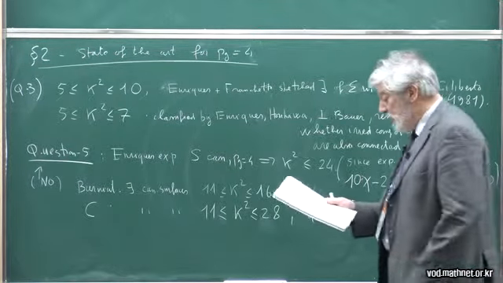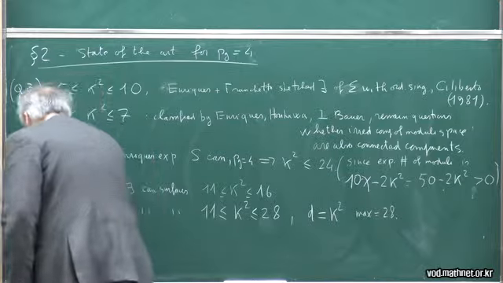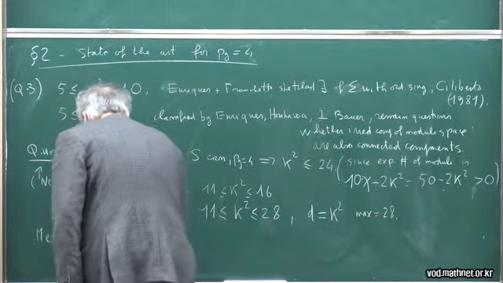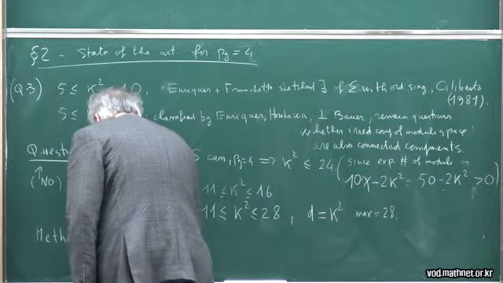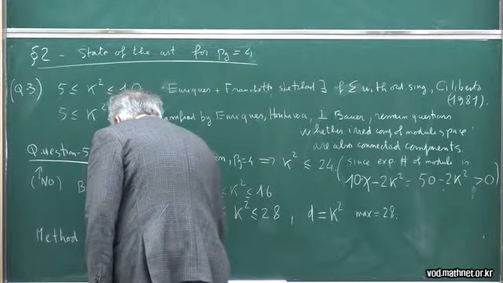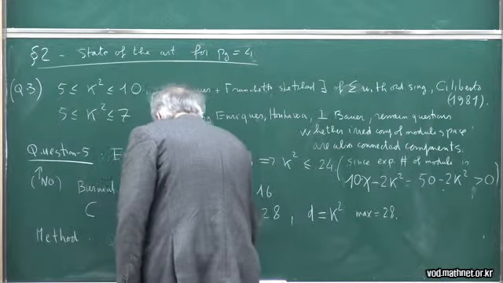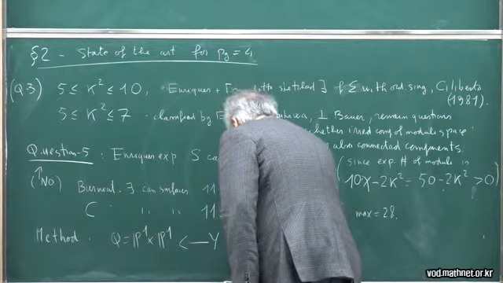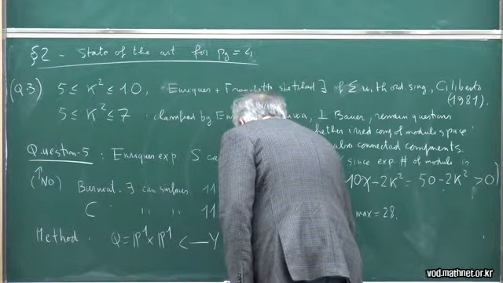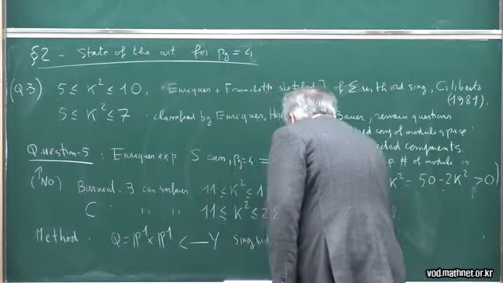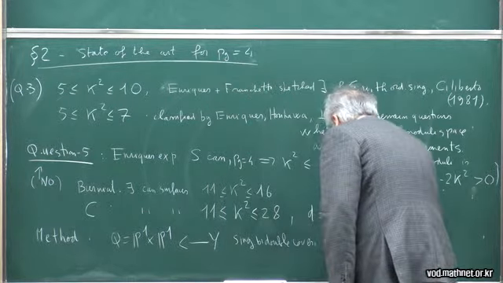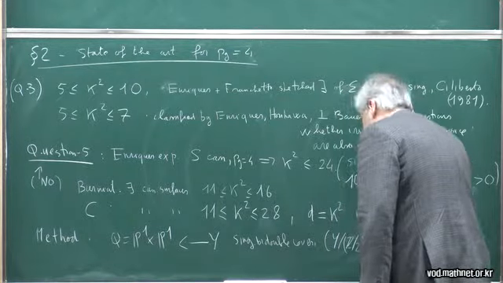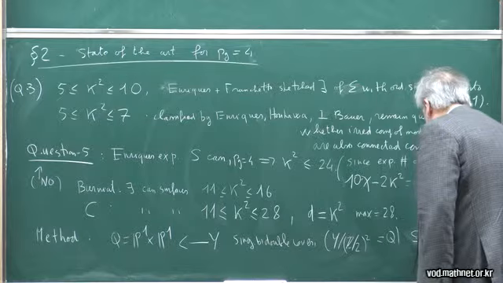And so the method is the following. We take Q is P1 times P1, and then we take Y a singular bi-double cover, which means that Y divided by the Galois group, which is Z2 squared, has quotient Q, and S is the minimal resolution.